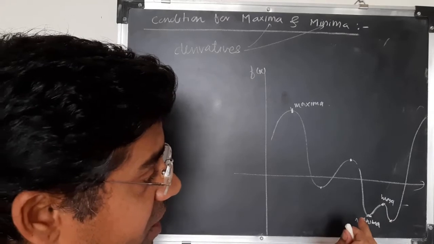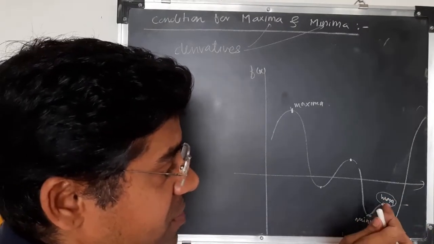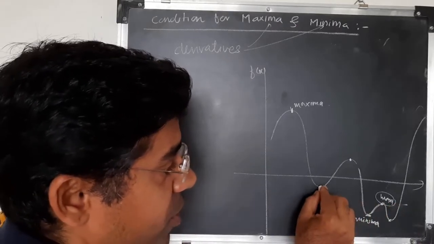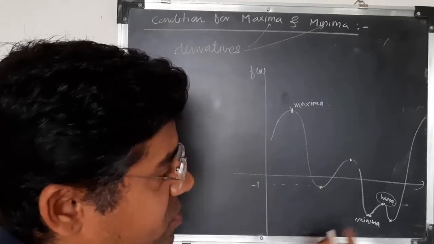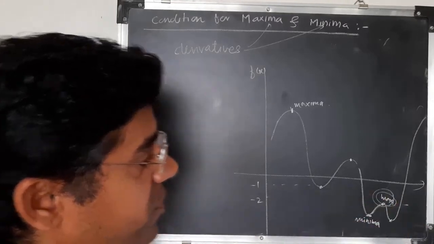But sometimes the value of the function at a maximum point is less than the value at a minimum point. Suppose this minimum value is minus 1 and here you get minus 2. So what is the maximum value of that particular function?